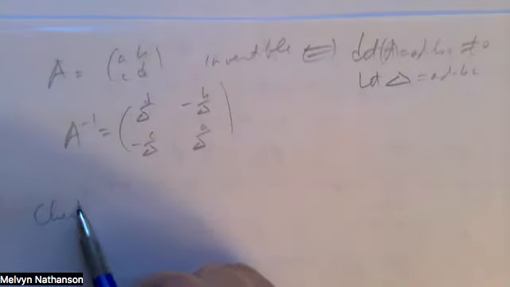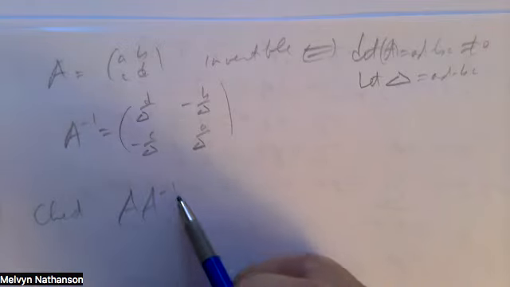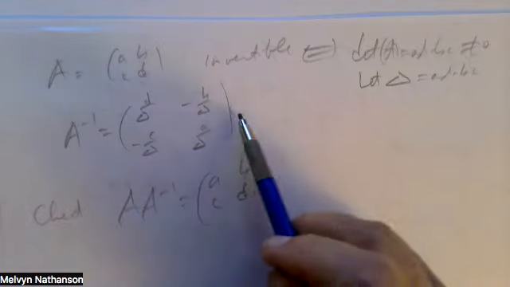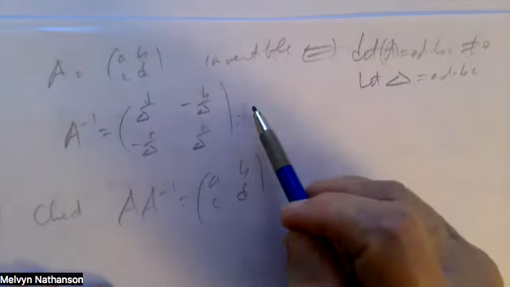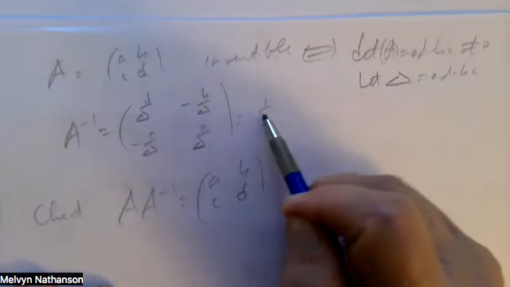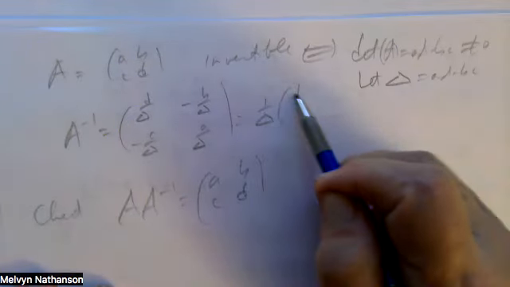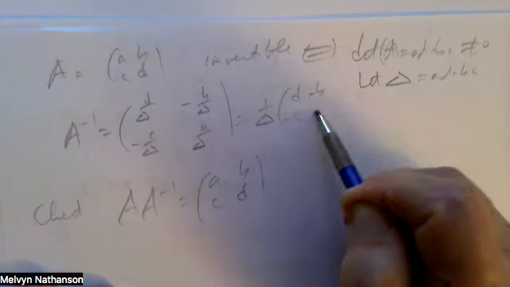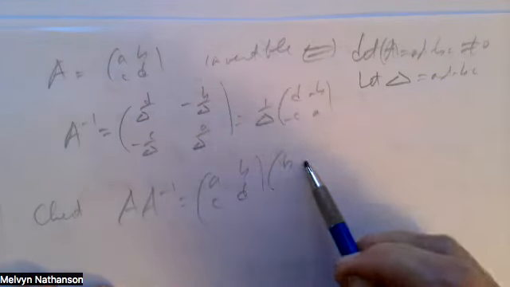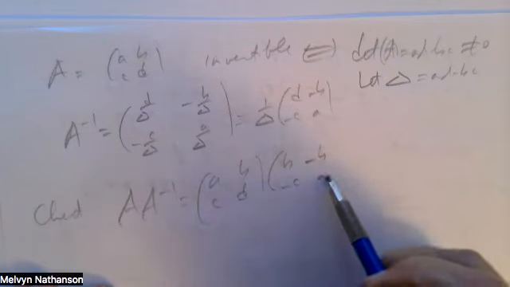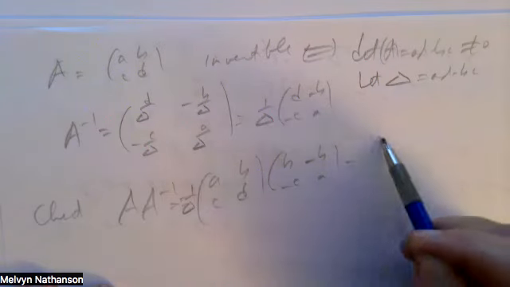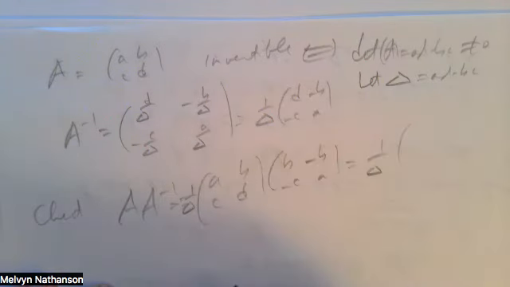So let's check. A times A inverse: A, B, C, D. Of course, this is exactly the same, so I'm multiplying every coordinate here by 1 over delta. So this is D, minus B, minus C, A times this 1 over delta. So what is this?